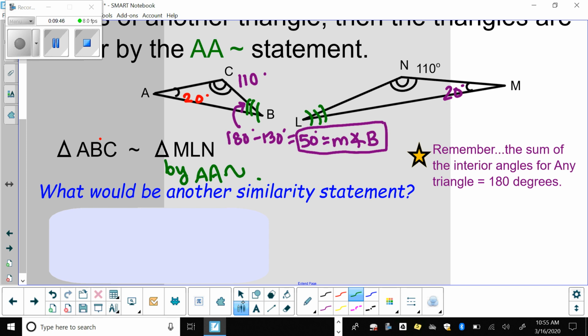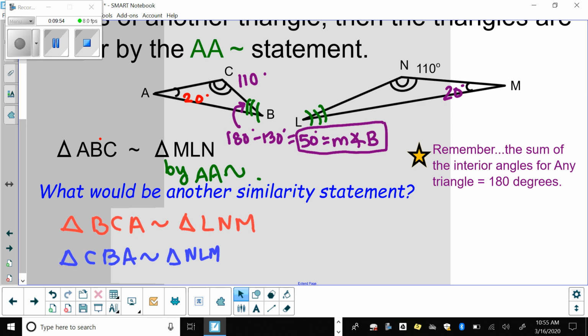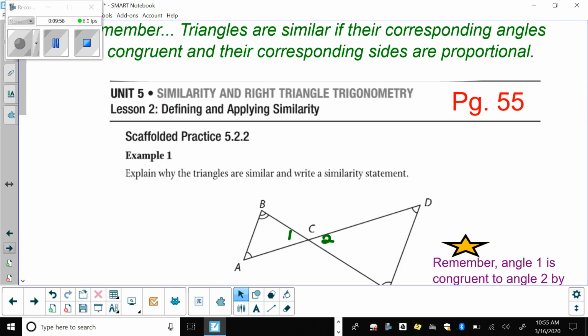So the order of the letters does in fact matter. And here are some other similarity statements. Hopefully you were able to come up with these as well. Remember, triangles are similar if their corresponding angles are congruent and their corresponding sides are proportional.